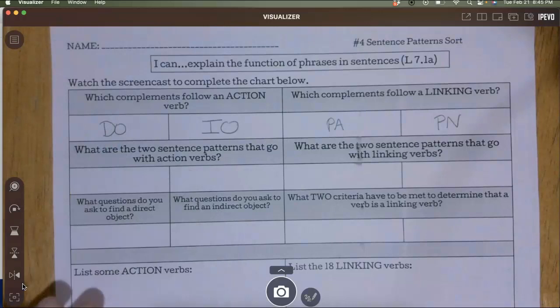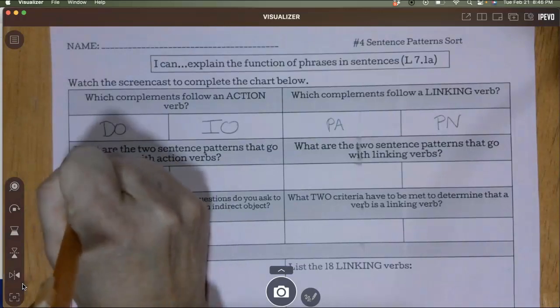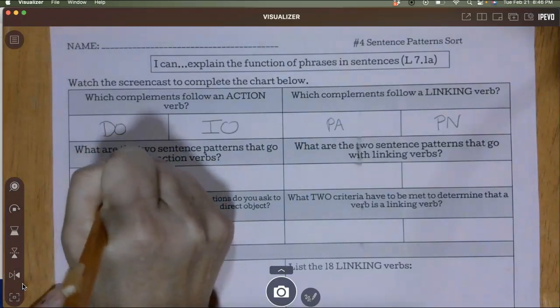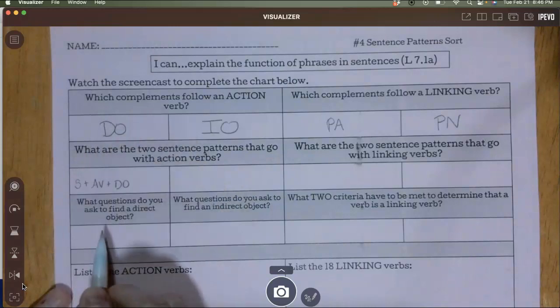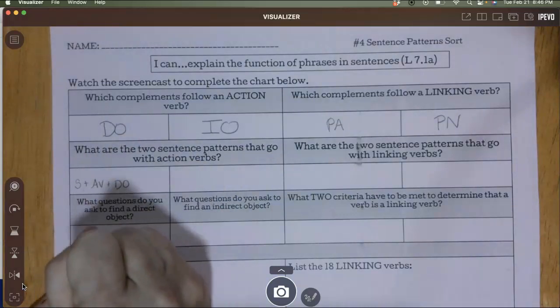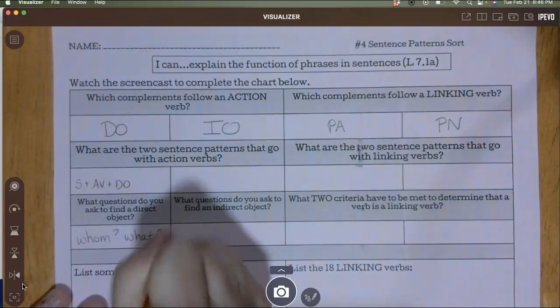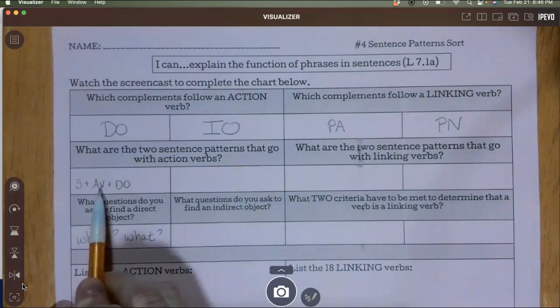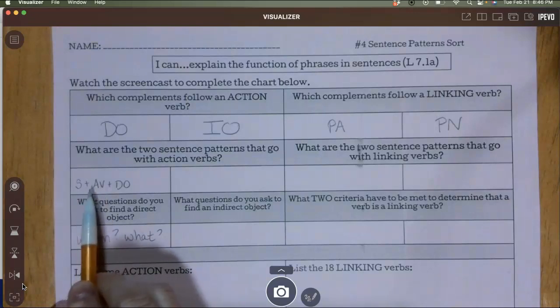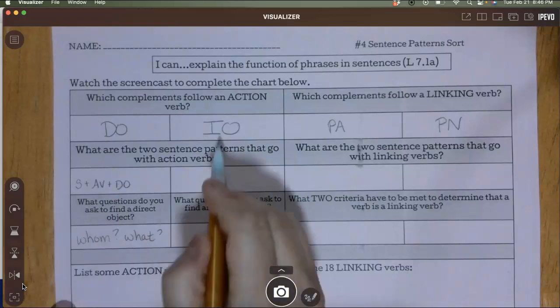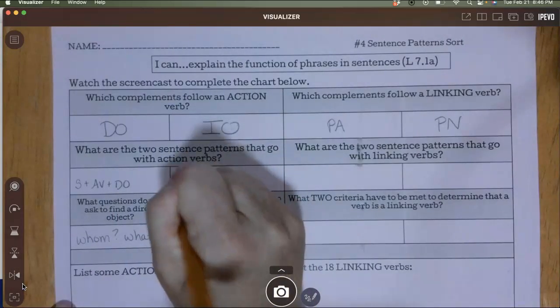So the sentence pattern that goes with the direct object is subject plus action verb plus direct object. And we ask the question whom or what when we're looking for a direct object. If I said Mrs. Culleton gave what? Mrs. Culleton gave candy. Then that's the direct object. We could have a sentence pattern that goes with an indirect object.